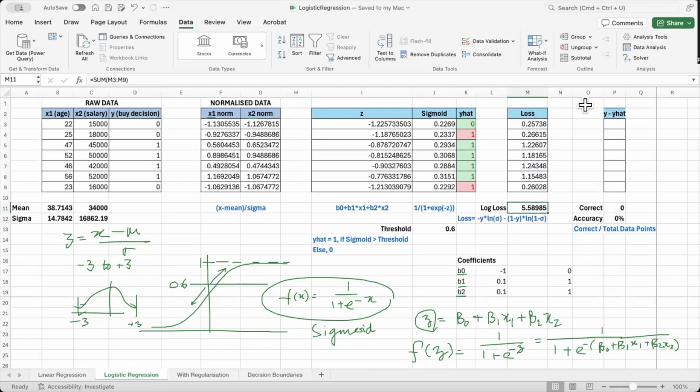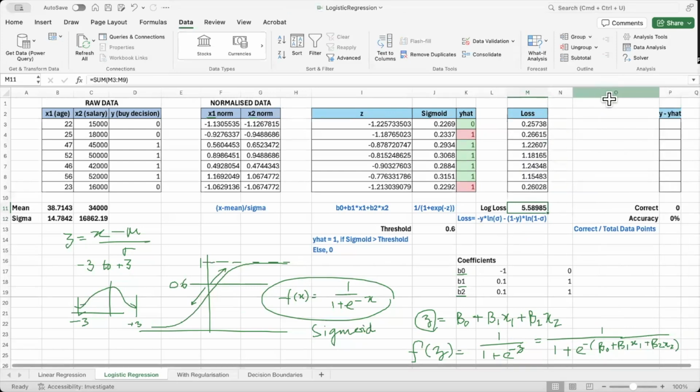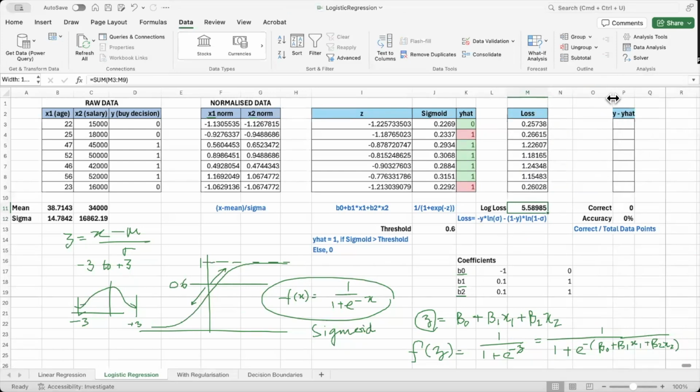Now let us see, we have got the values of y hat and y. So I can find y minus y hat. Now, if the difference between y and y hat is 0, that means the prediction is correct. So I can count the number of zeros in this calculation.